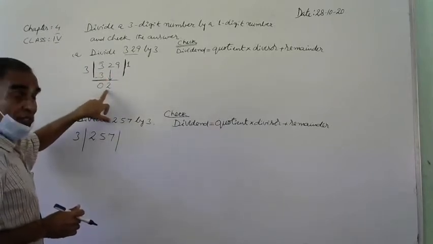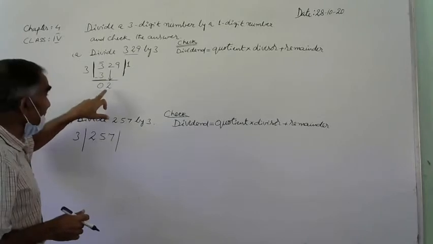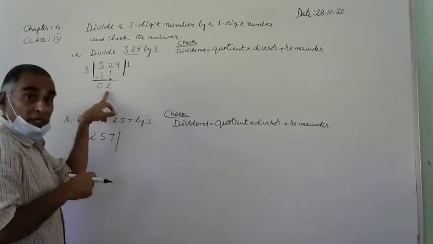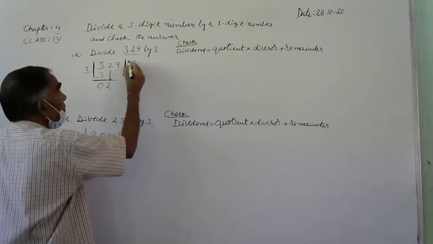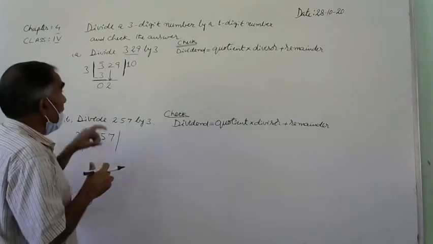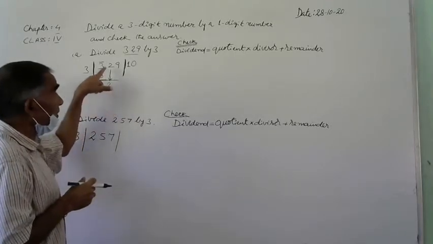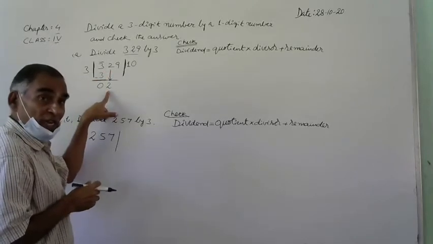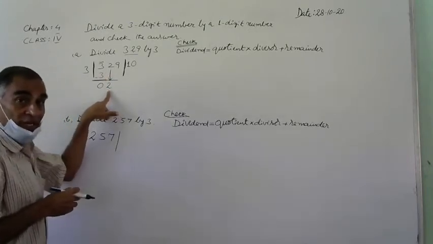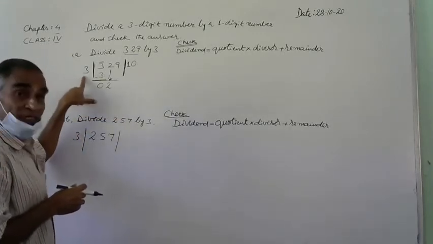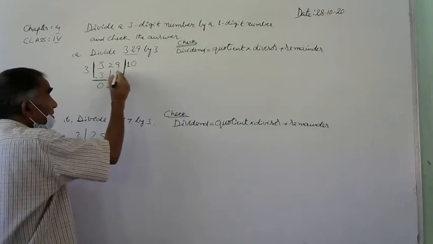After bringing it down, is 2 less than 3? Yes. When the number brought down is smaller than the divisor, you put 0 in the quotient. We did not get 2 as a remainder; we brought the 2 down from the dividend. The remainder was 0, which was small, so we brought the number down. After bringing it down, if the number is smaller than the divisor 3, we put 0 in the quotient. After putting 0, bring down the ones place number.